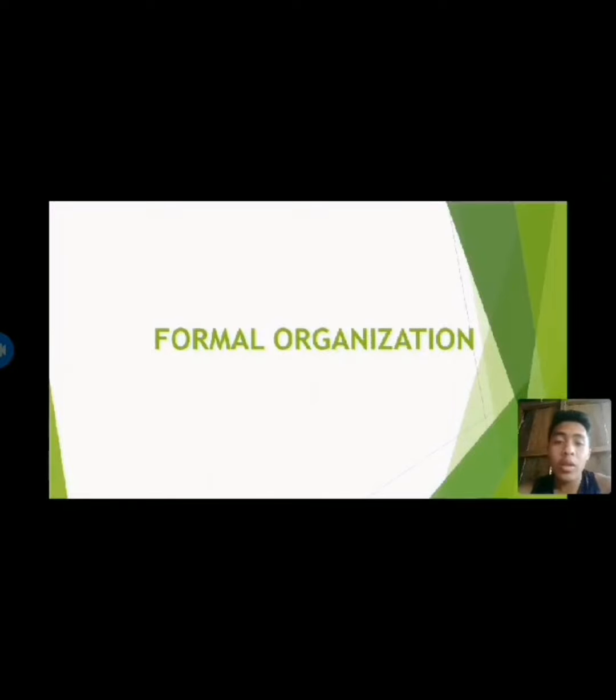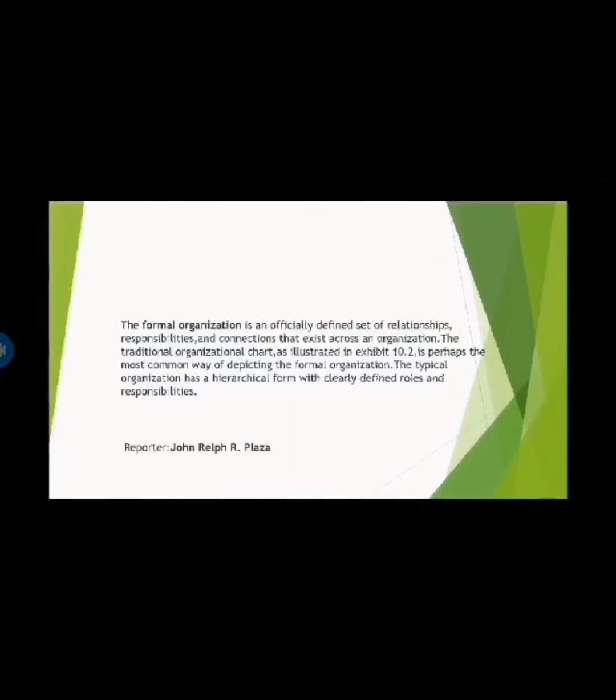The formal organization. The formal organization is an officially defined set of relationships, responsibilities, and connections that exist across an organization. The traditional organizational chart, as illustrated in Exhibit 10.2, is perhaps the most common way of depicting the formal organization.